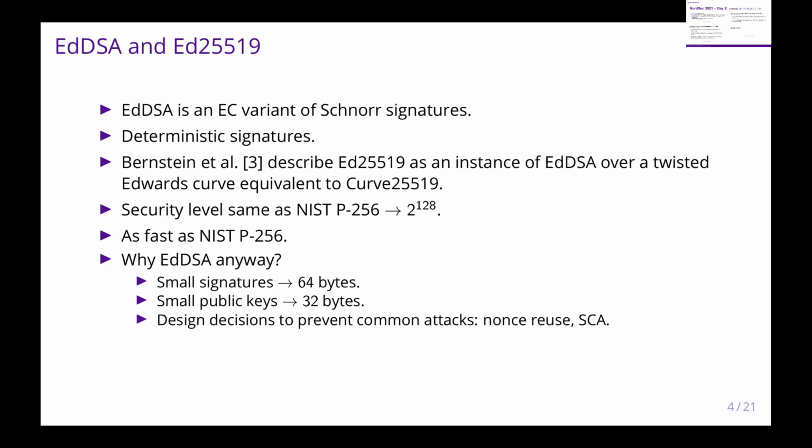And the most important and relevant, at least for this work, is that there were design choices made to prevent common attacks affecting, for example, ECDSA. More commonly the nonce-reuse attack, and also protection against side channel analysis.